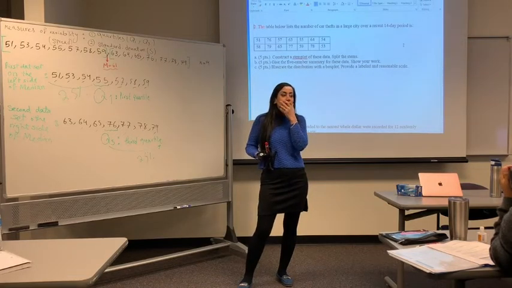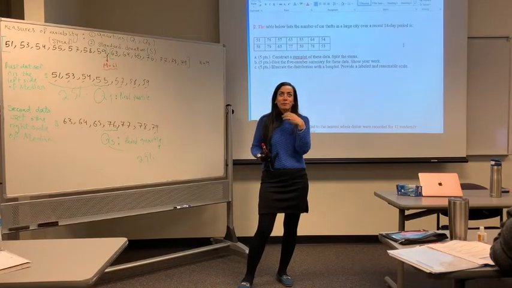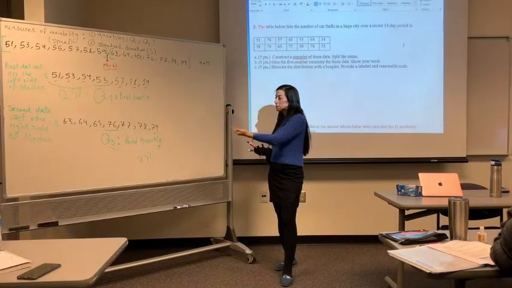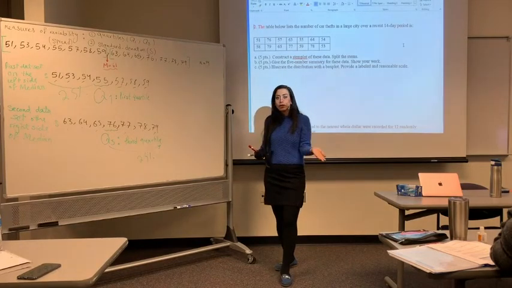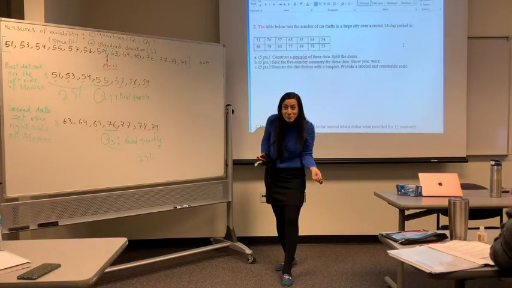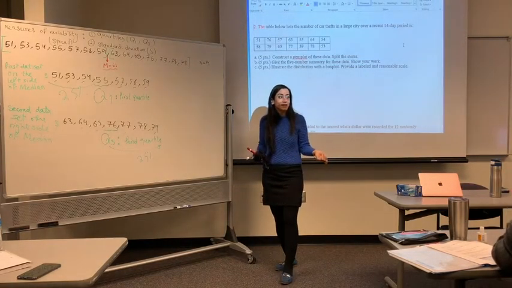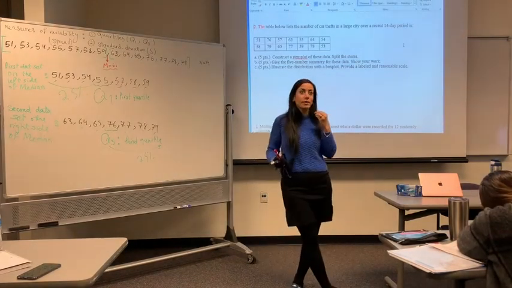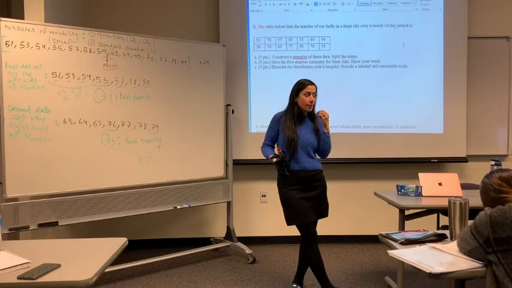So my question is, before I explain more: I explained Q1, I explained Q3. What is Q2? Median, exactly. Median is the second quartile. This is the other name for median.